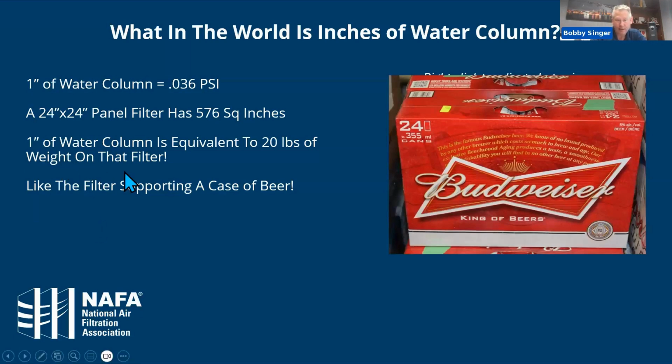So 1 inch of water column, if you do the math, is equivalent to about 20 pounds of weight distributed evenly across the face of that filter. What happens to weigh around 20 pounds? A case of beer. So you can kind of visualize the kind of weight that we're talking about. It's actually quite a bit of pressure if you really think about it.